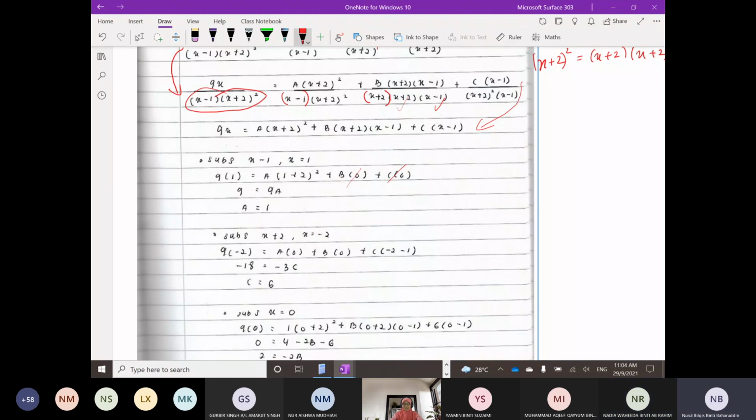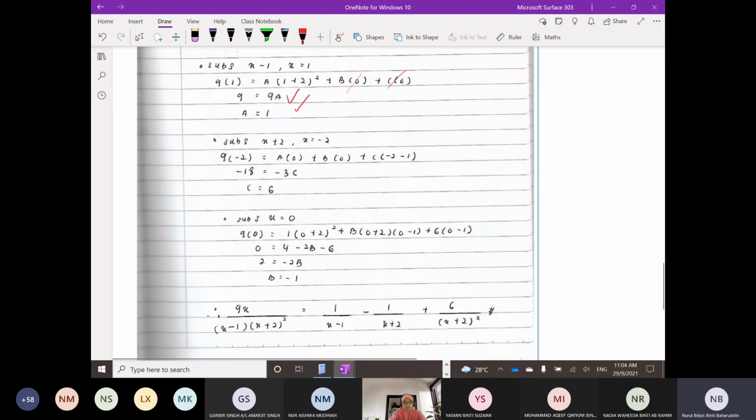So simple as ABC. Okay, so you just need to mention and explain. When we sub x equals to 1, we will get b times 0 and c times 0, which is 0. So the only unknown that we will get is a equals to 1.